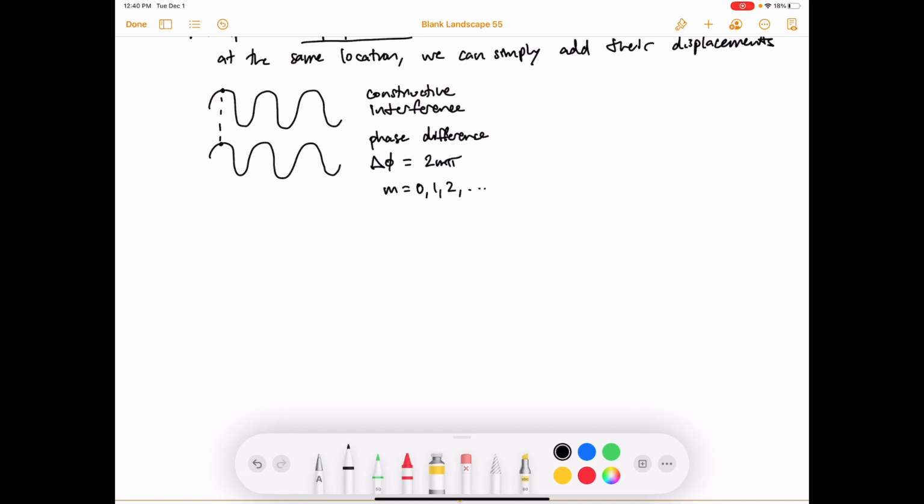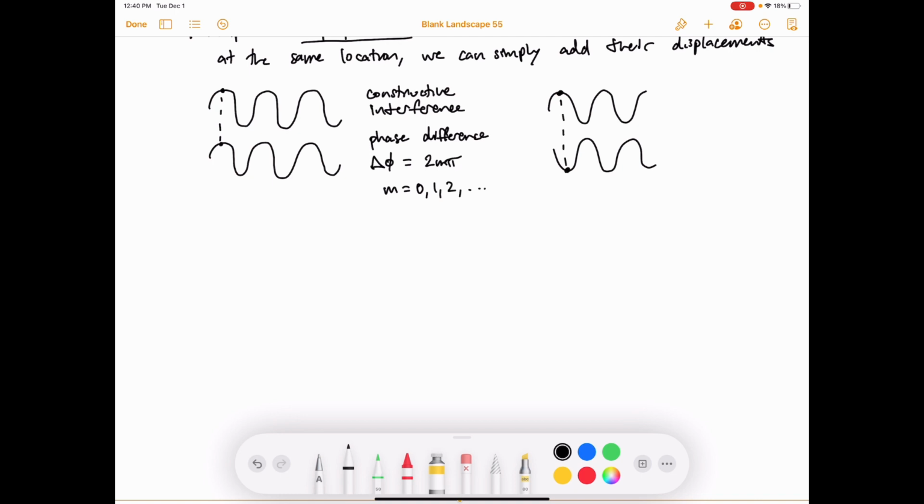Now, on the other hand, if we draw the first wave like so, but the second wave is identical but shifted compared to the first, where the peak of one wave lines up with the trough of another.